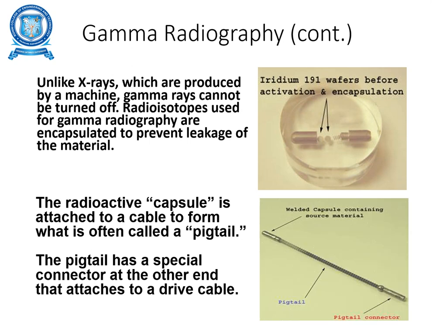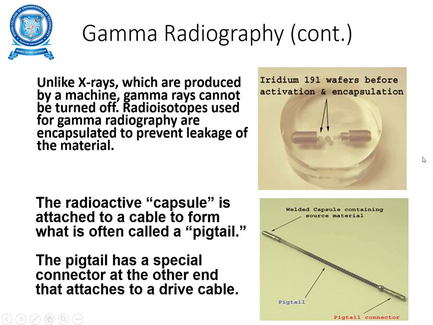So unlike X-rays, which are produced by a machine, gamma rays cannot be turned off, because radioisotopes used for gamma radiography are encapsulated to prevent leakage of the material. And here you have this iridium-191 before activation and the encapsulation.